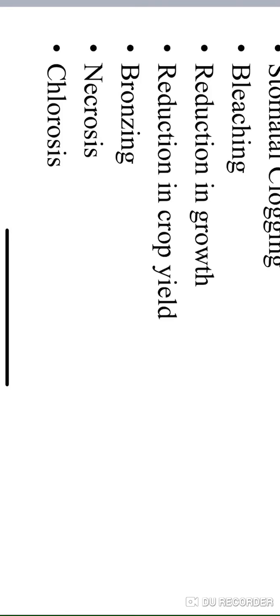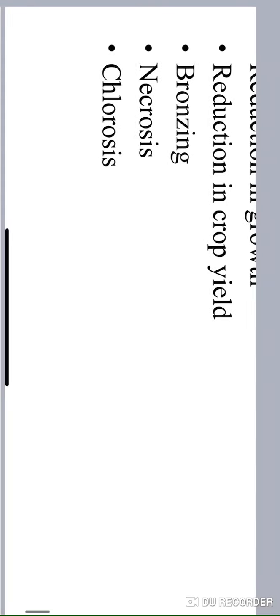Then the bronzing. Many times you might have observed brown spots on the leaves of plants. That is the bronzing. Then necrosis: the plant's leaves start turning towards the backside, towards the ground side, so there will be less exposure for photosynthetic activity and reduction of yield.